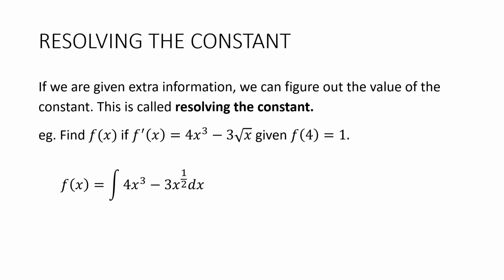Let's integrate. We have 4x to the power of 4 divided by 4, take away 3x to the 3 halves divided by 3 halves, plus c. Now this is easy. This is 3x to the 3 halves times 2/3. So tidying this up, we get x to the power of 4 minus 2x to the 3 halves plus c.